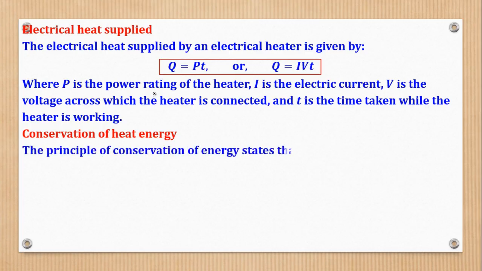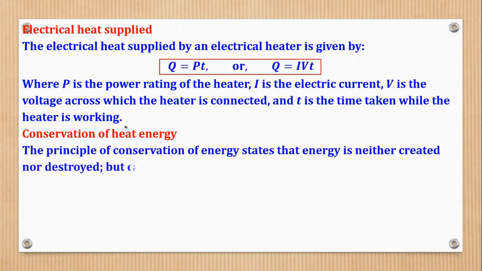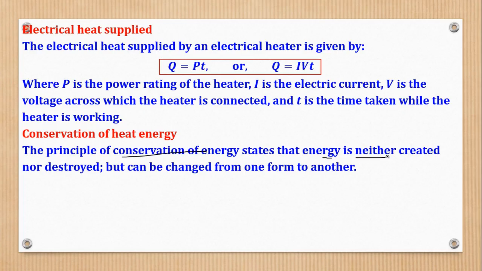The principle of conservation of energy states that energy is neither created nor destroyed, but can be changed from one form to another. That means that when energy is lost from a certain part, it will be gained by another.